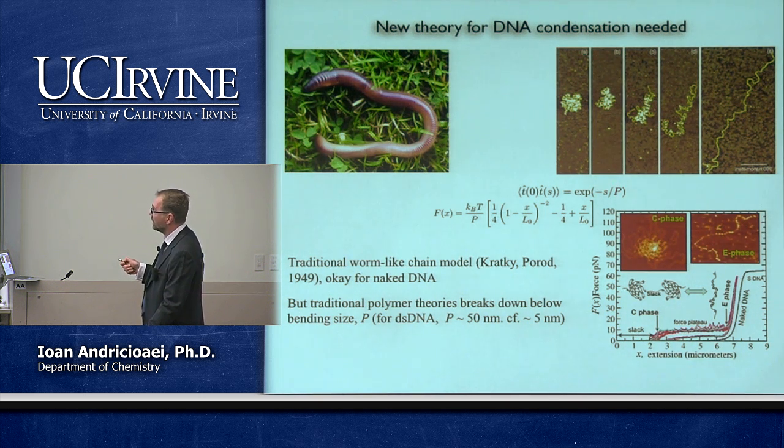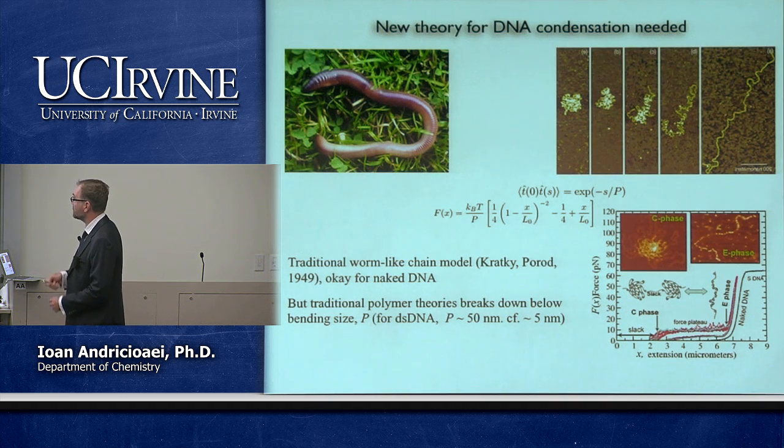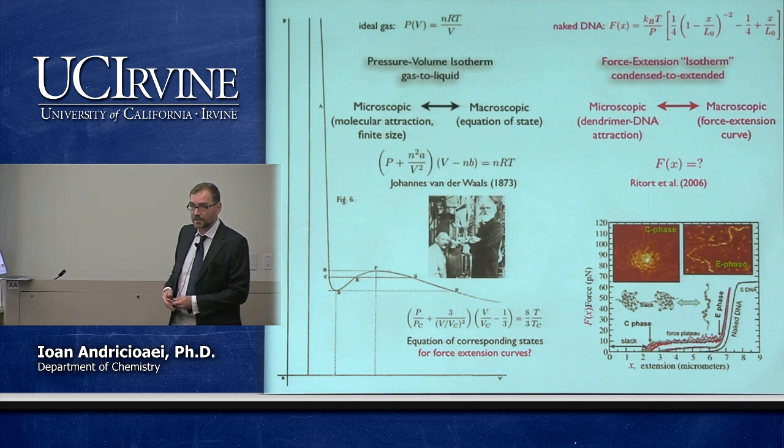It's the decay length of some tangent correlation function. It describes very well the force versus extension profile of naked DNA. But it does not describe the profile of the extension versus force in the case of dendrimer condensed DNA, and that's reminiscent of the ideal gas versus real gas situation.